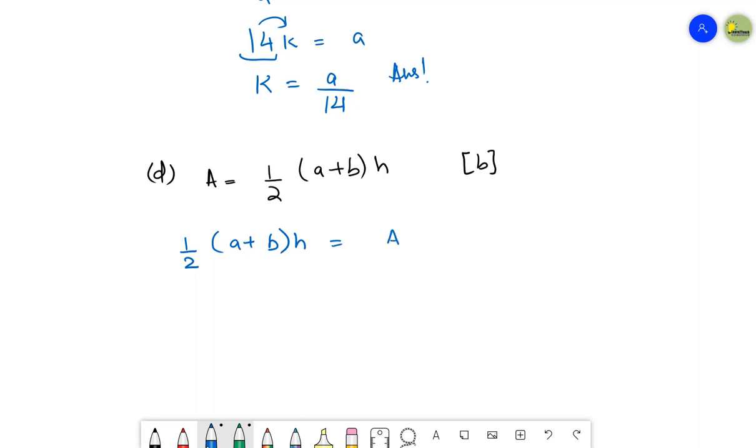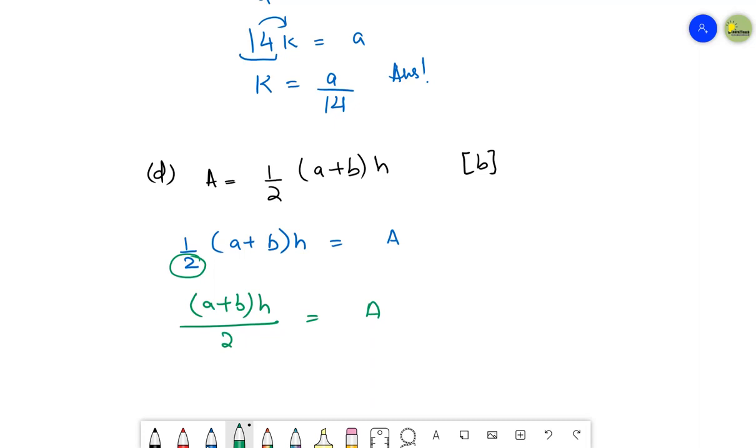Okay. Now, one by one, just shift the values. Let me remove 2 first. 2 is present in the denominator, and since 2 is outside the bracket, it means it is dividing the whole value. I can also write it like this: A plus B multiplied by H, whole divided by 2. Right? 1 upon 2 is multiplying with the bracket.